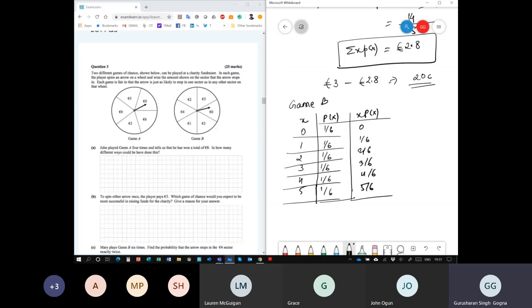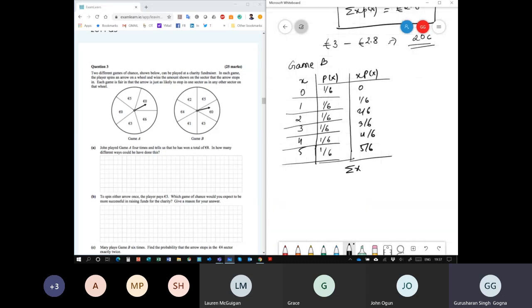And then you need to add them. In order to add them, you can see that the denominators are the same for all, so I'll just write down 6. And 1 plus 2 is 3, 3 plus 3 is 6, 6 plus 4 is 10, 10 plus 5 is 15. So what you got is 15 over 6.